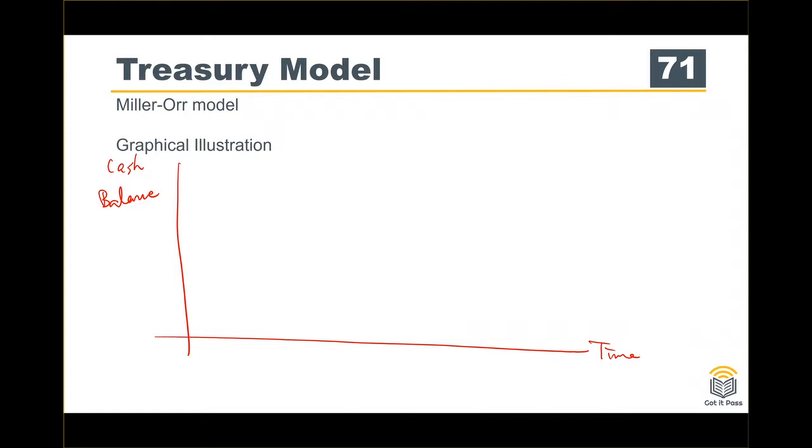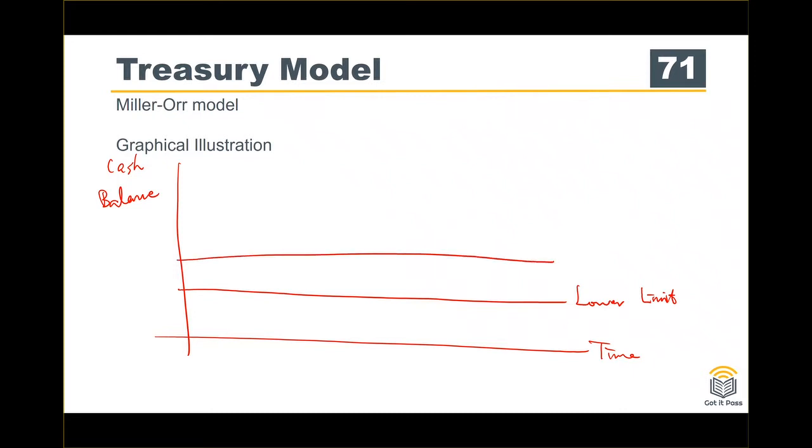For the Miller-Orr model, you determine the lower limit, and based on the market information, you can determine the return point and also the upper limit.